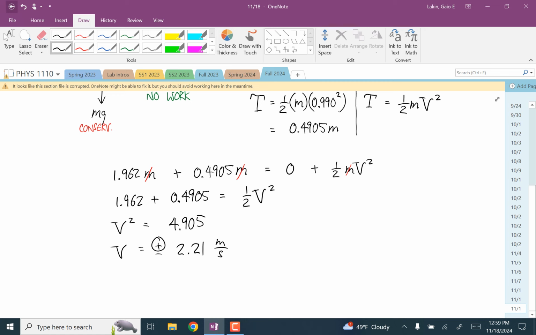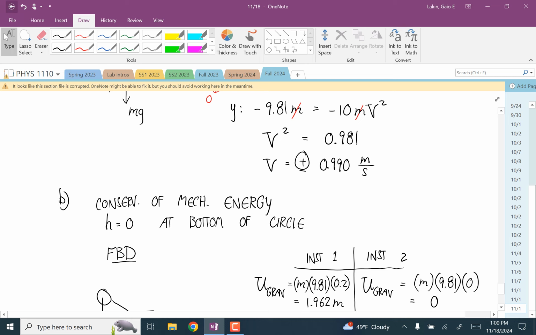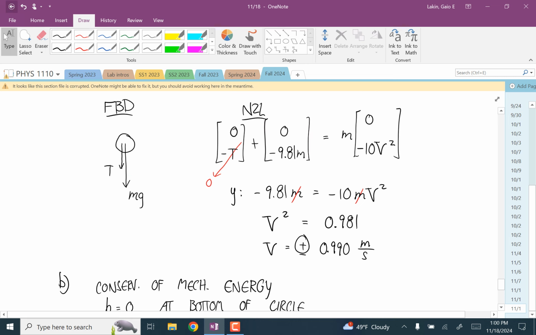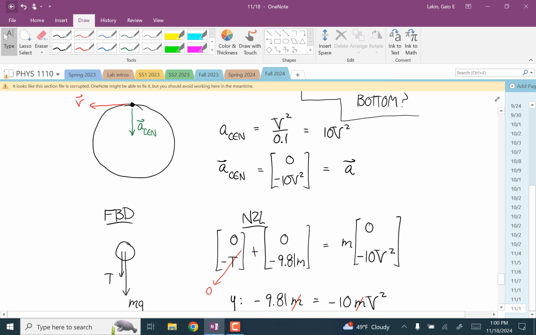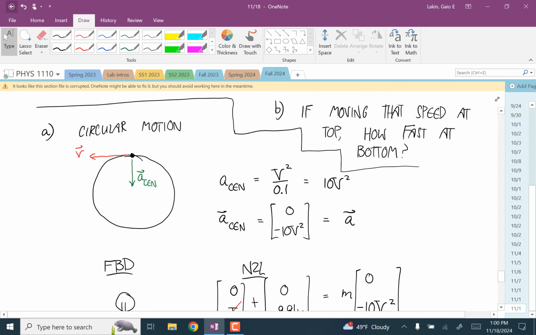Okay, so if you saw this cold and had to come up with a way to approach it, how would you recognize that you wanted to use conservation of mechanical energy for this second part anyways? Two things. There's a relationship between a location and a speed that we're dealing with.